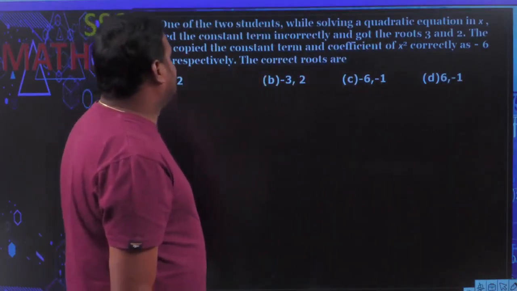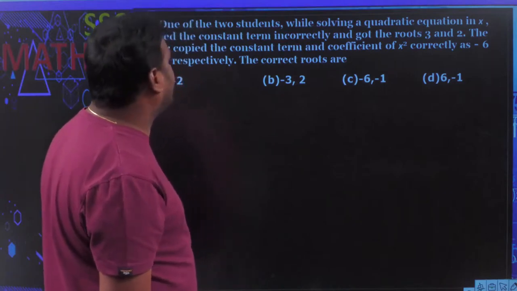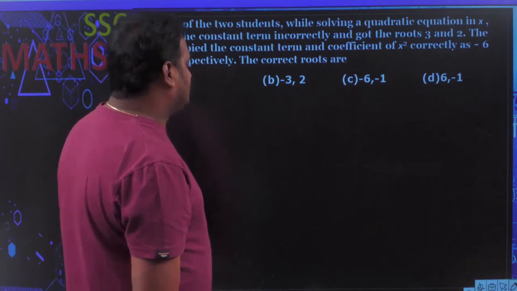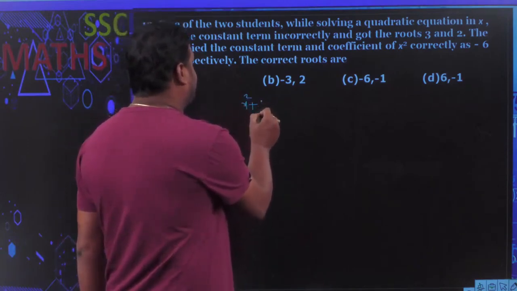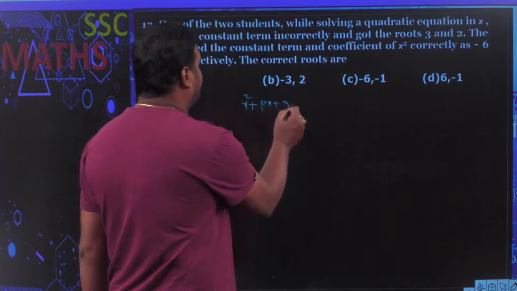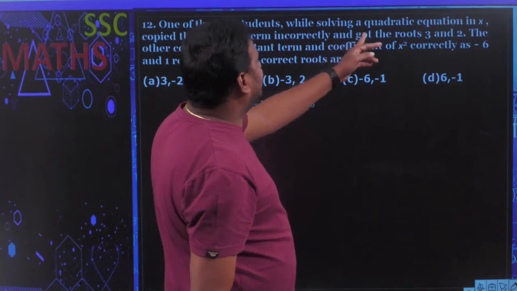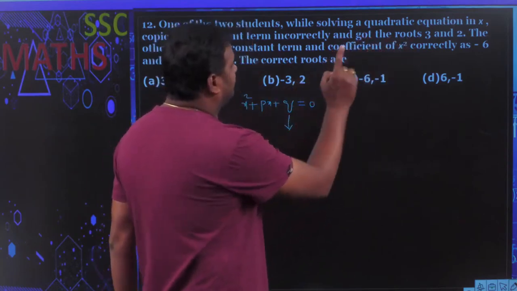One of the two students, while solving a quadratic equation in x, copied the constant term incorrectly and got the roots 3 and 2. So for example, the quadratic equation is x square plus px plus q is equal to 0. So he copied the constant term incorrectly and got the roots 3 comma 2.